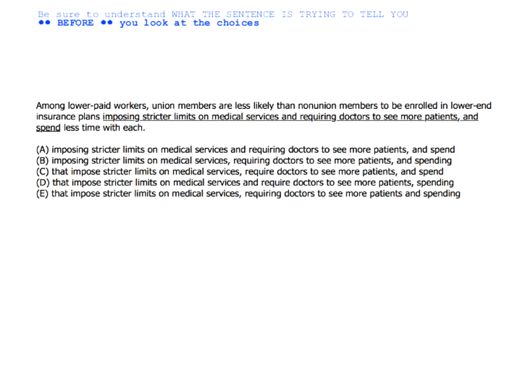But the insurance plans do 2 things. The first thing they do is they impose limits on medical services.